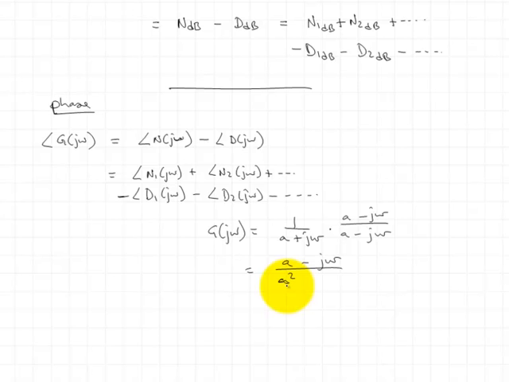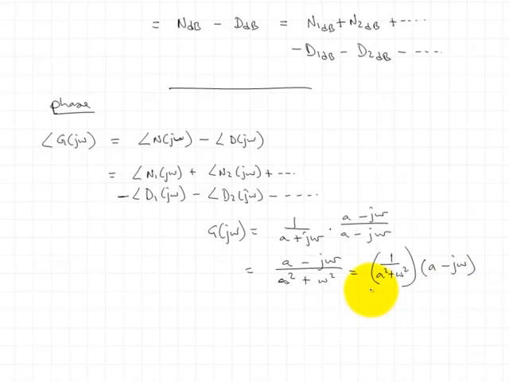The cross terms cancel because of the sign, and we'll end up with j omega times minus j omega, and of course minus j times j is 1, so we end up with omega squared. So we have 1 over a squared plus omega squared, that's a real number, times a minus j omega.